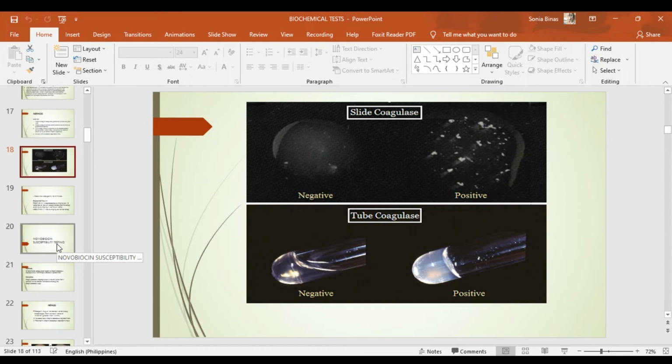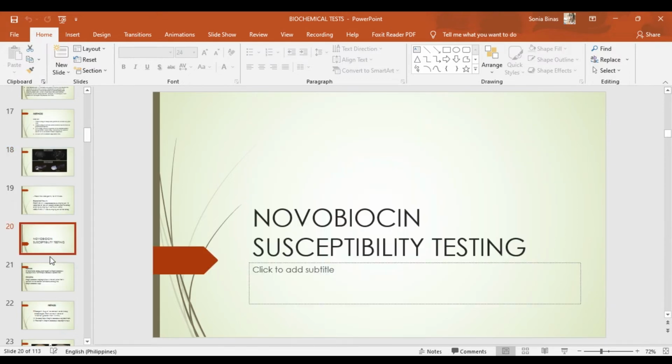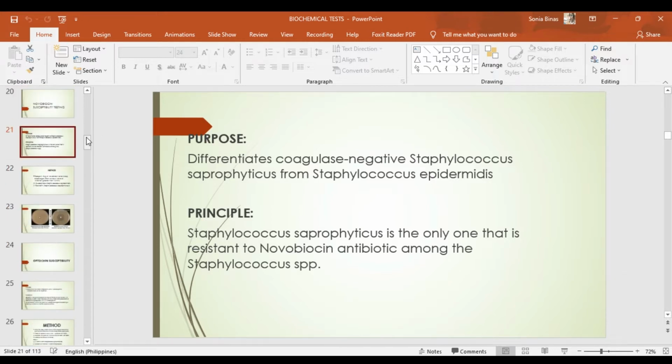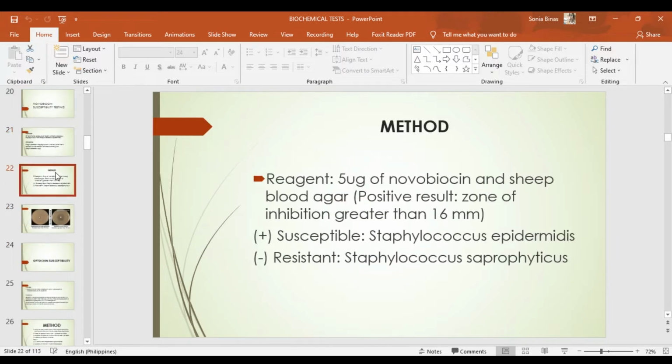So, the next is our Novobiocin susceptibility testing. It is used to differentiate coagulase-negative Staph saprophyticus from Staphylococcus epidermidis. Because Staphylococcus saprophyticus is the only one that is resistant to Novobiocin antibiotic among these other Staphylococcus species.